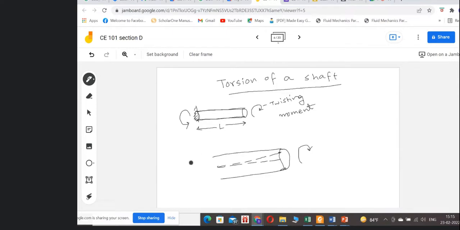As this portion remains fixed, it will go like this, and from this figure we understand that due to this change in dimensions, the position of the initial part is changing to a new part. This induces some sort of shear stress in the whole section. So when a twisting moment acts on a circular shaft, it creates shear stress.